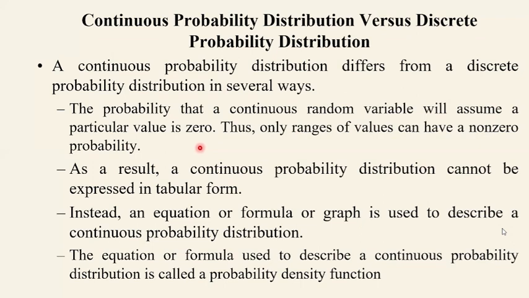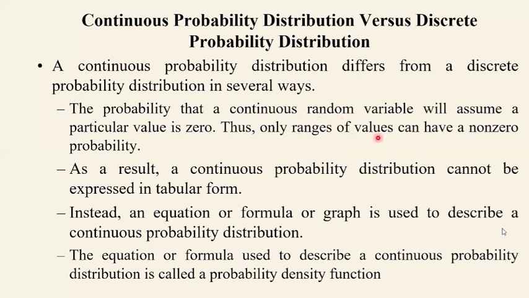Already we learned in the previous slides, and we can only calculate the probability for ranges of values. We can calculate the non-zero probability for a range of values. This is a very important point, right?